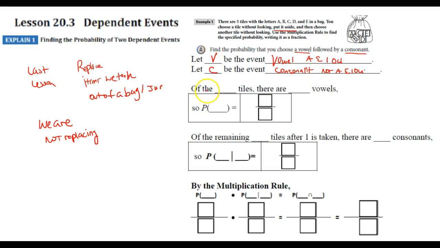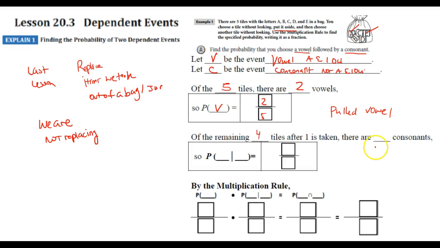So it says of the blank are blank vowels. Out of the total 5 tiles in there, how many are vowels? Well, there's 1 and 2. There's 2. So for vowels, that's 2 out of 5. All right, so let's say we pulled a vowel. That means there's 1 less, so 1 less than 5 is 4.